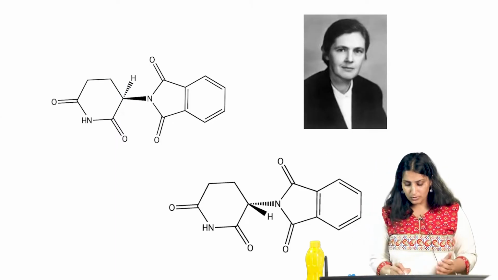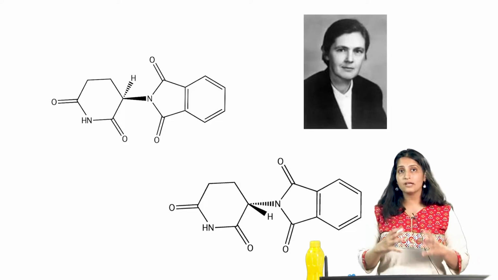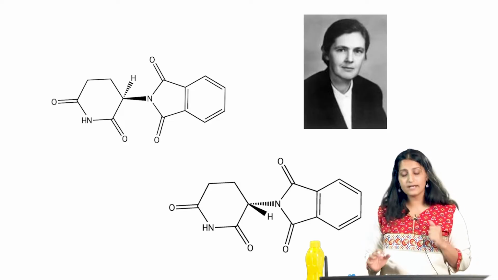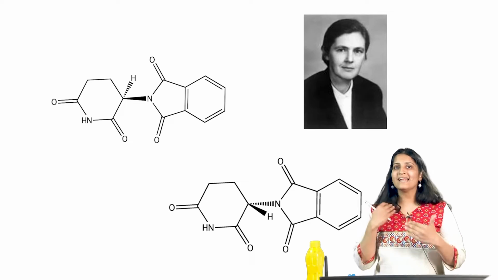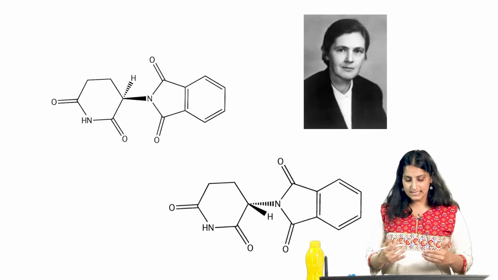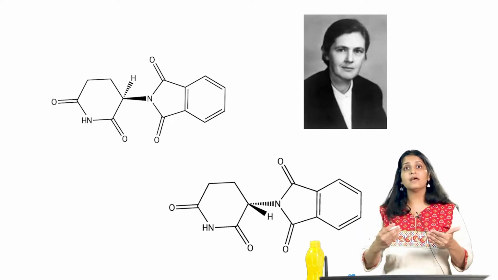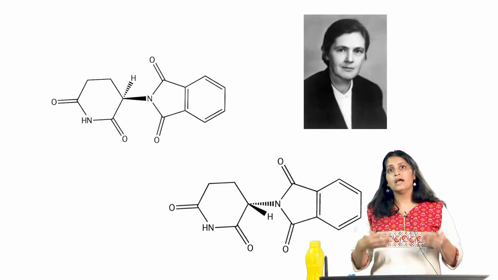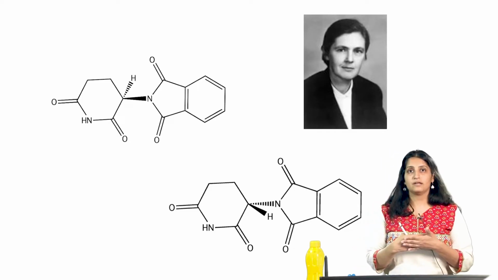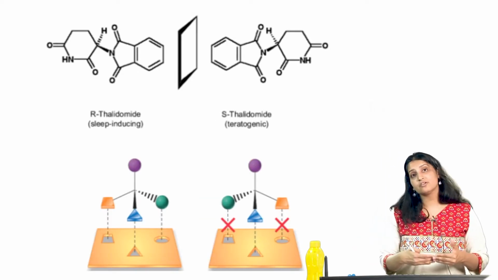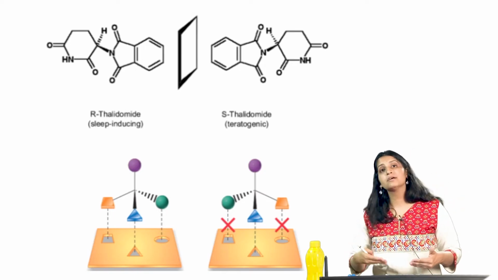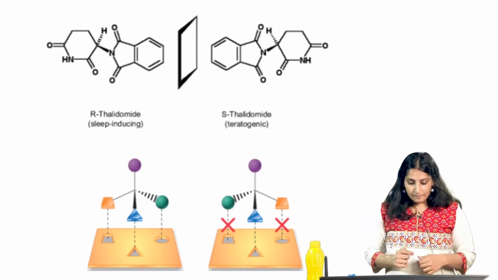This is what the two molecules can look like. These two molecules are called enantiomers of each other, because both of them are mirror images of each other, and they are non-superimposable mirror images. Here I have drawn R thalidomide, which has the mirror image of S thalidomide.